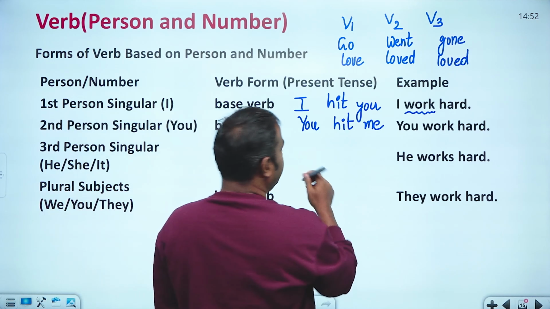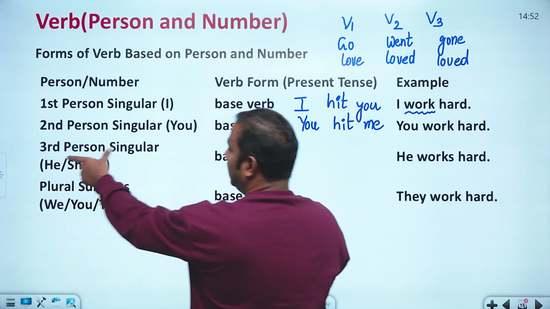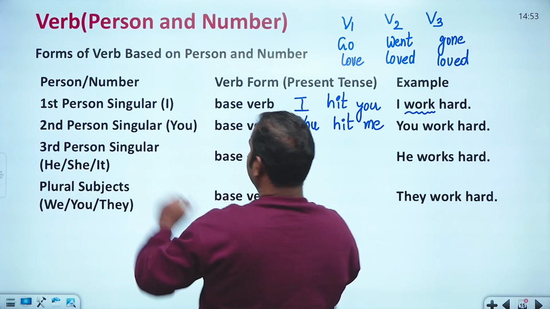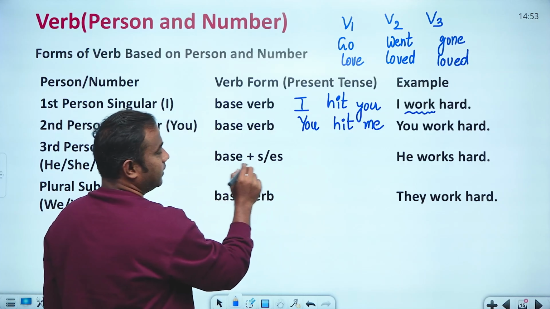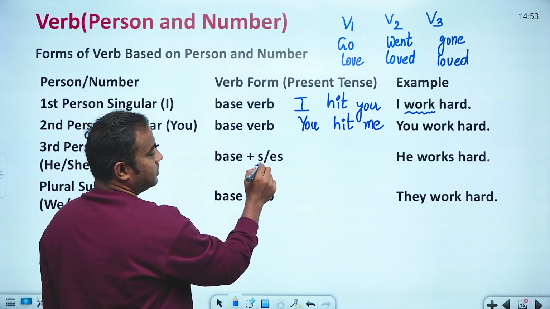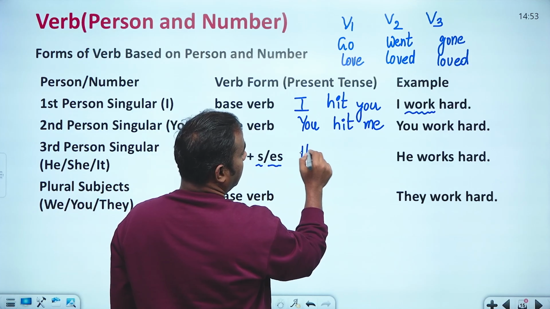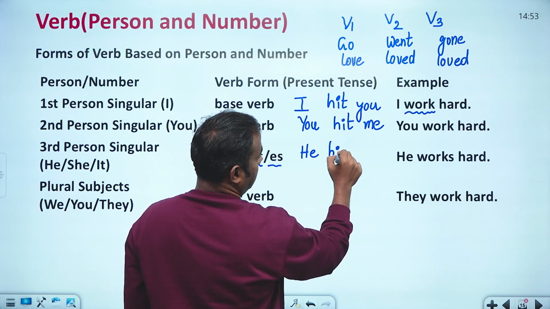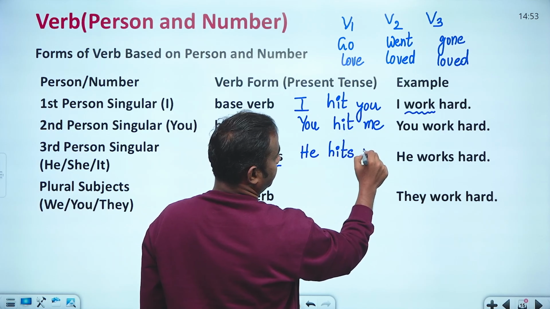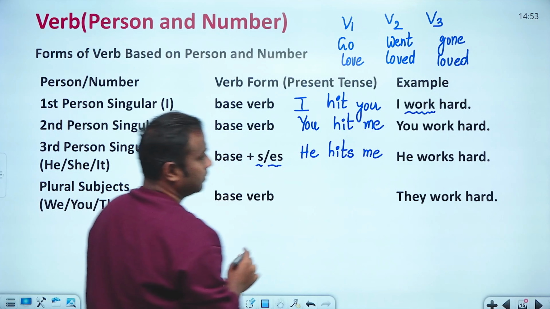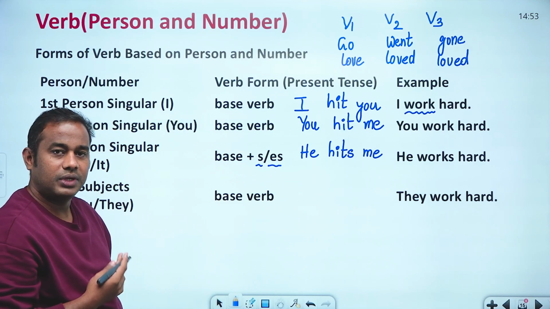Then for a third person singular, he, she, it, the base verb will take either s or es at the end. He hits me. He hits you. He hits me.